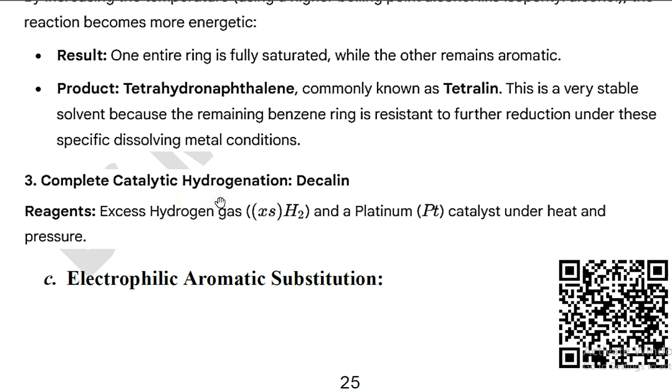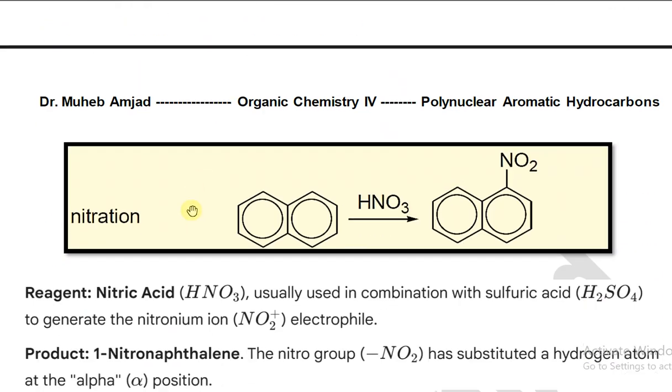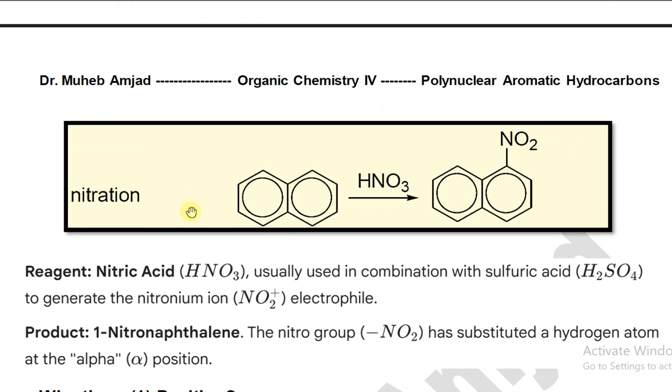Another type of reaction of naphthalene, and this is not new for you, is electrophilic aromatic substitution, again for the aromatic compound, as we know in the benzene ring. In this example we have naphthalene going to nitration, which gives a nitro group at the alpha position.